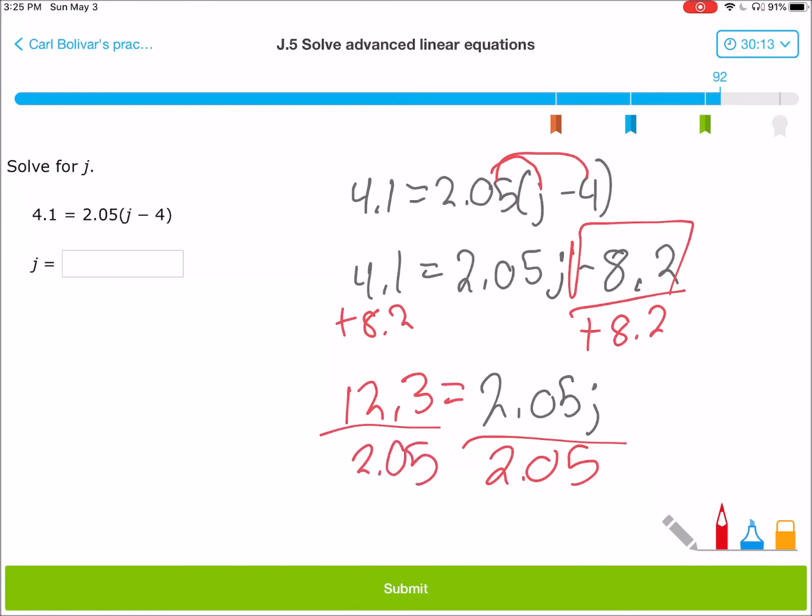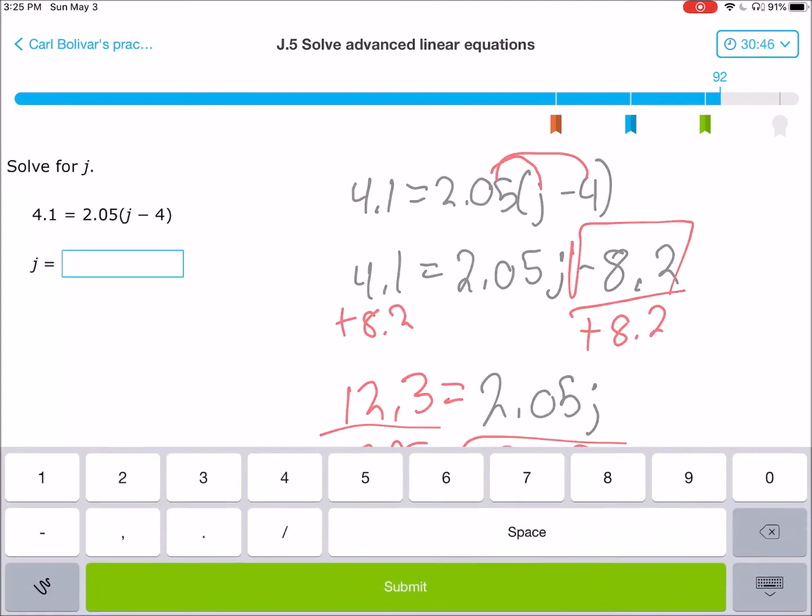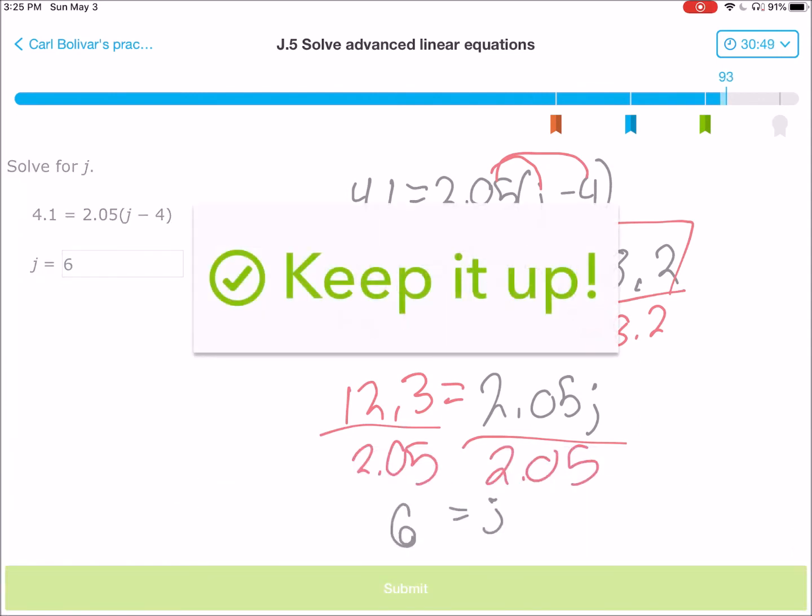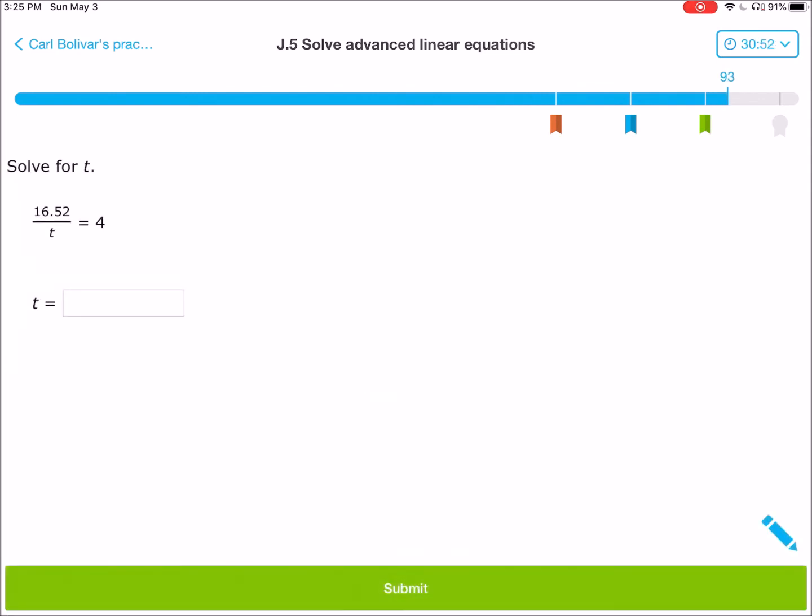To do that, we will get 60. Hold on. No, we will get 6. So 6 is equal to j. Our answer is 6. I hope that you guys got that. Amazing. Great. Next one.